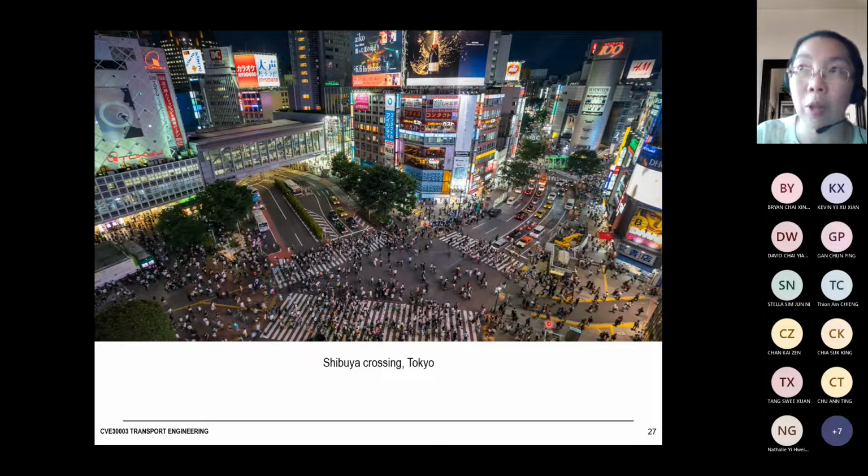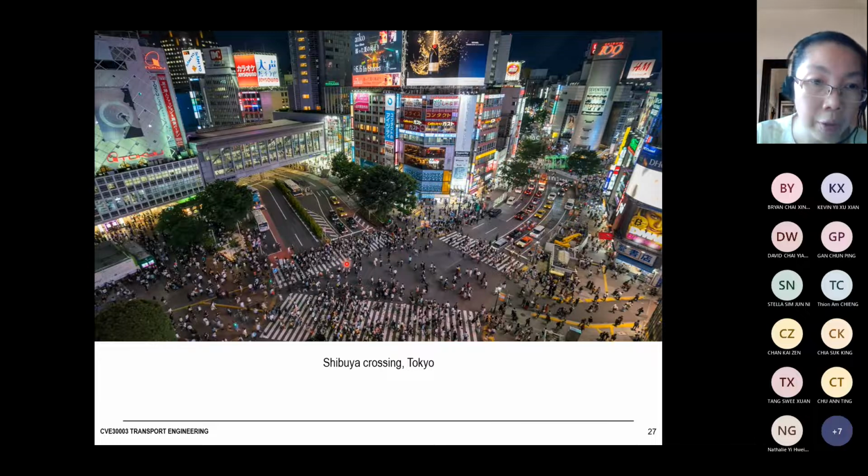And from your traffic signals lecture previously, I think I read that this week, you would have learned that pedestrians may have their own phase to cross. And for this crossing, definitely the pedestrians have their own phase. Vehicles will have a few phases, but pedestrians will definitely have a phase.